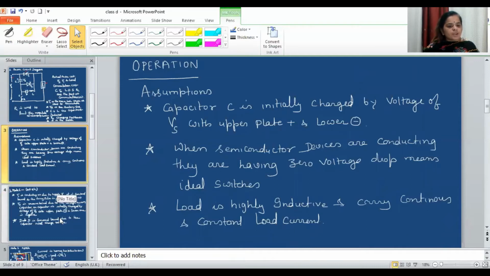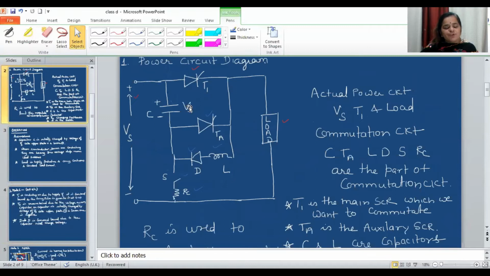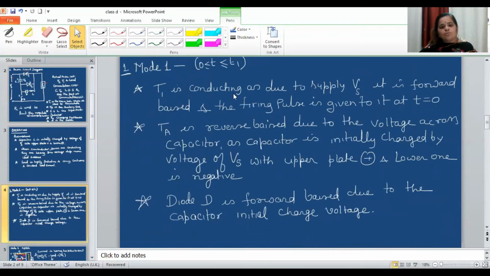Now let us talk about mode 1. In the power circuit diagram, T1 is forward biased because of the supply voltage, and at t equal to 0 we give the firing pulse to T1. So in mode 1, T1 is conducting, as it is forward biased and the firing pulse is given at t equal to 0.